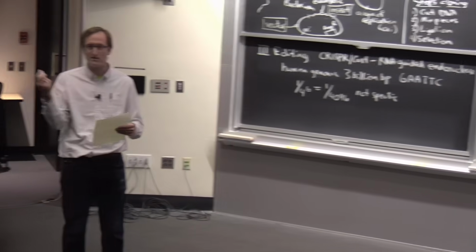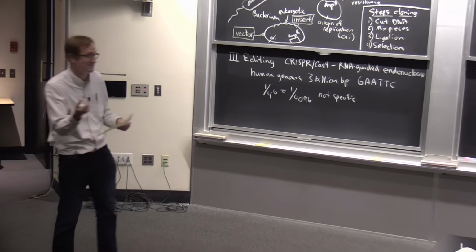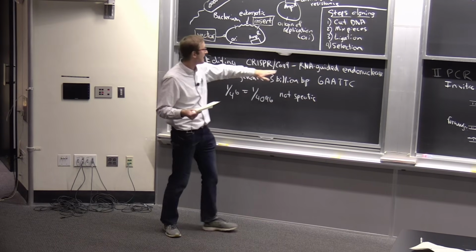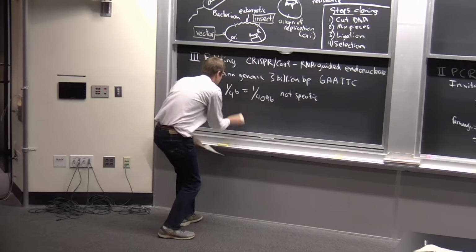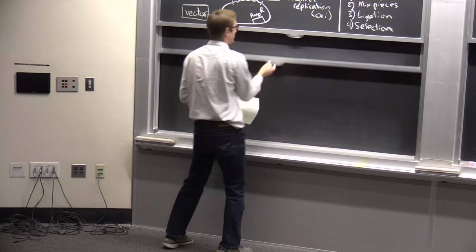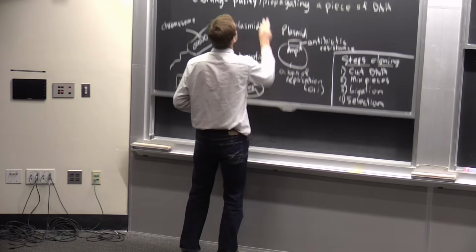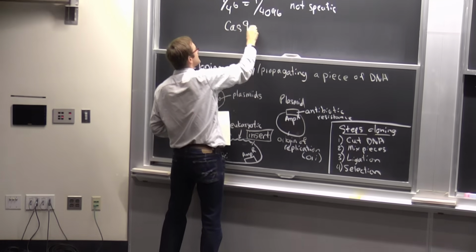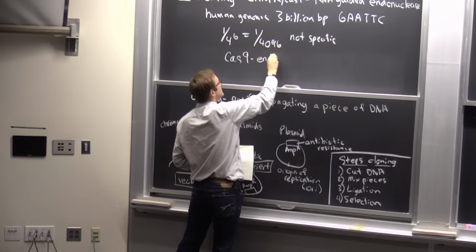It's just a protein, and the protein recognizes the nucleotide sequence. In CRISPR-Cas9, you have an endonuclease, which is Cas9. The endonuclease is the protein. The Cas9 is the protein. That's the endonuclease.